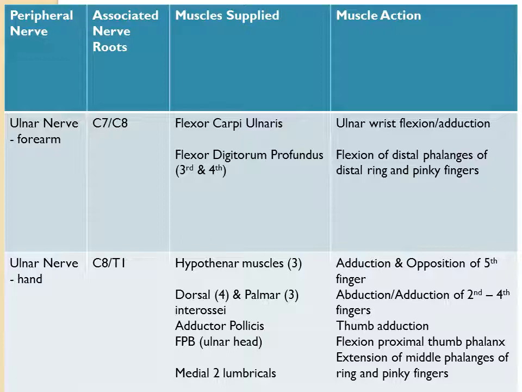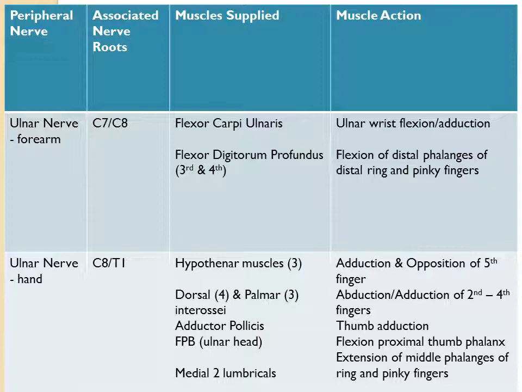With respect to the hypothenar muscles, they give us adduction and opposition of the fifth finger. So you can demonstrate those to yourself as you look down at your hand. You can adduct the little finger and you can oppose the little finger. Those are controlled by the hypothenar muscles, and we'll break those out into individual muscles in a moment.